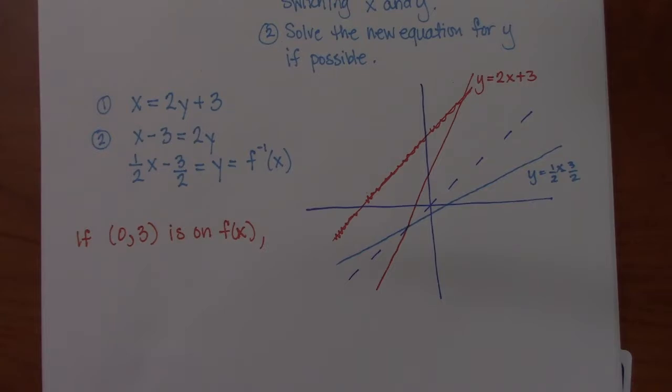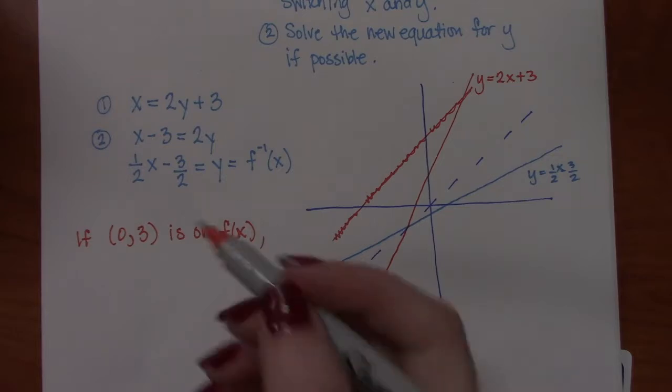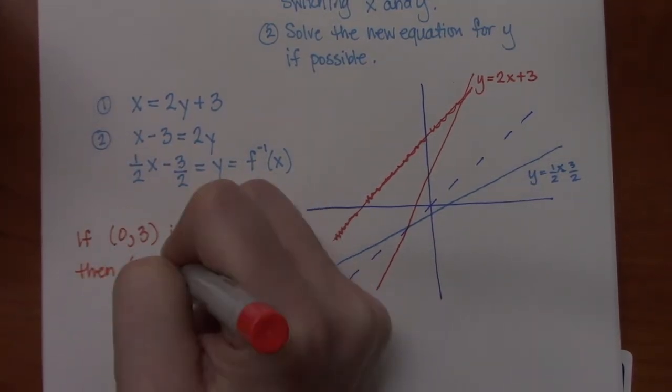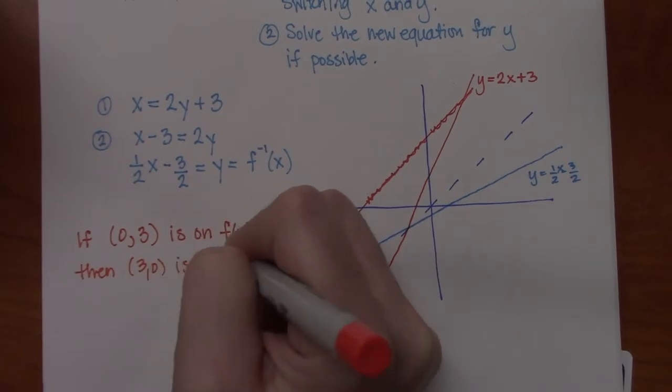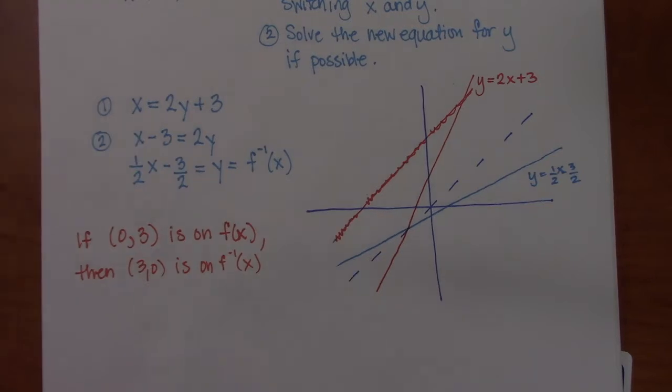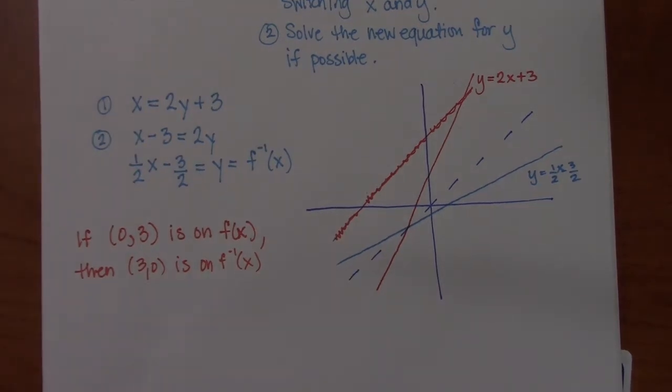So if you know the point on the original function and you know the inverse exists, then the x's and y's swap. So if your function was a table, and we told you, assume the inverse exists, now give me the inverse function on a table, well, you would simply rewrite the table and switch the rows.